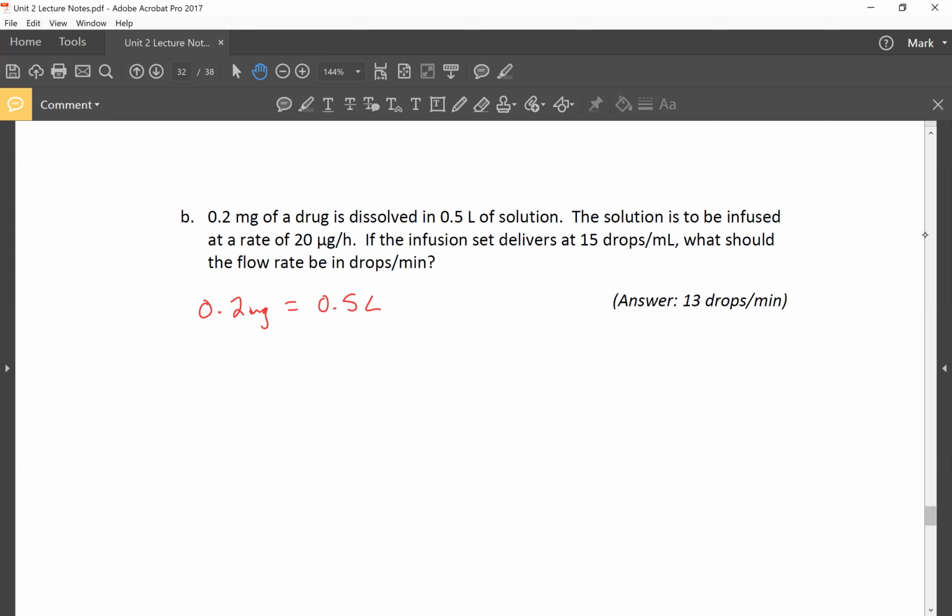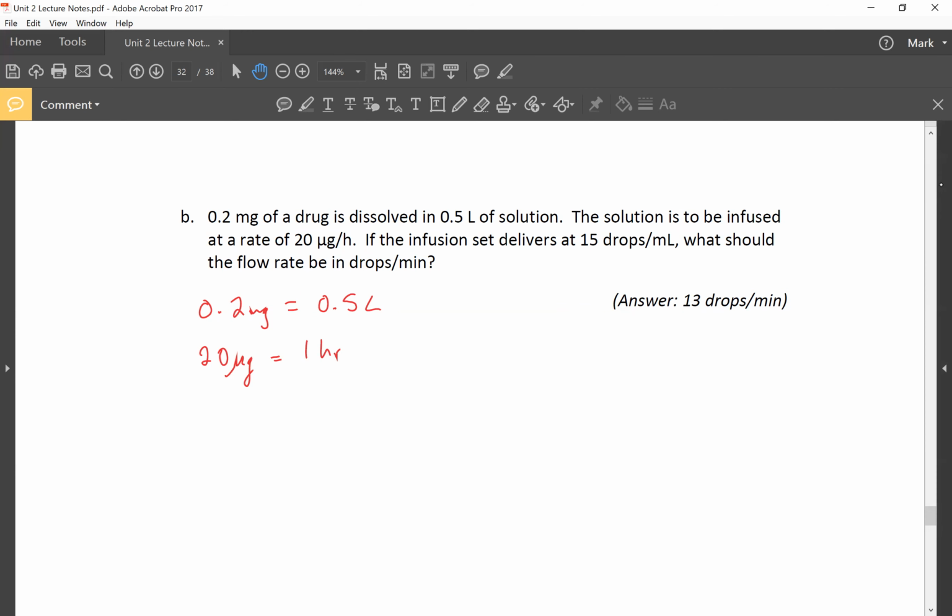The solution needs to be infused at a rate of 20 micrograms, so 20 micrograms we need in 1 hour. The set will deliver 15 drops per milliliter. So what should we set the flow rate at?